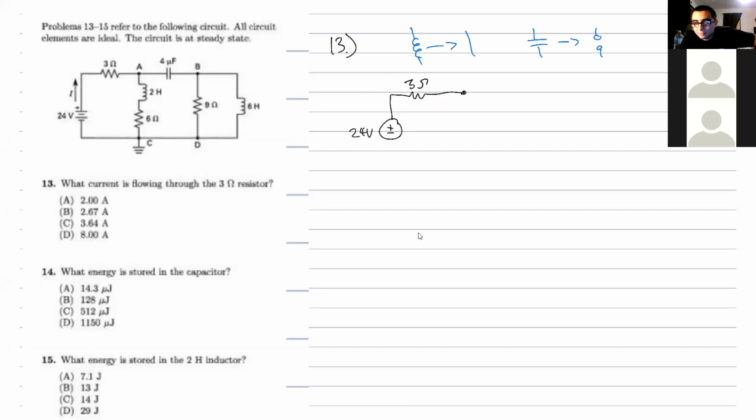So if we redraw this, I'll try to redraw this as fast as I can. Okay, that's 6 ohms. Does everybody understand how we got there?